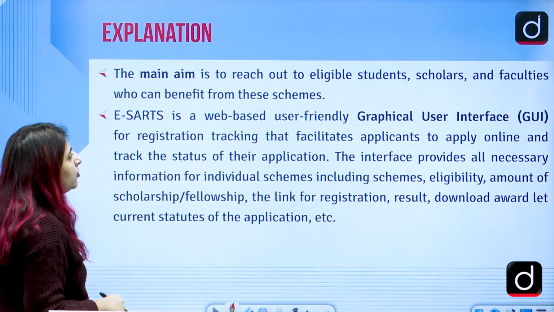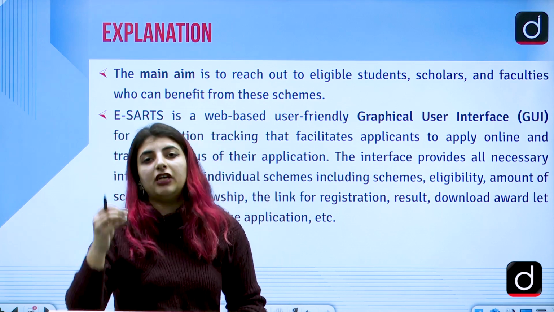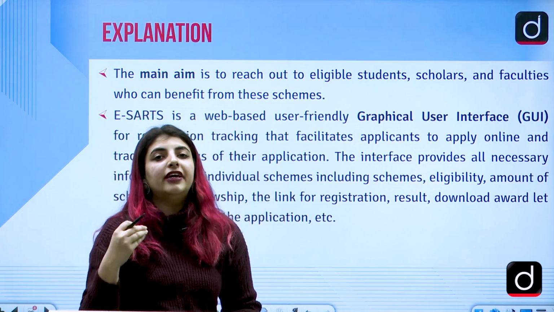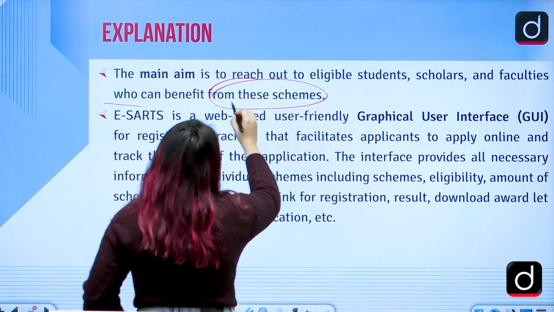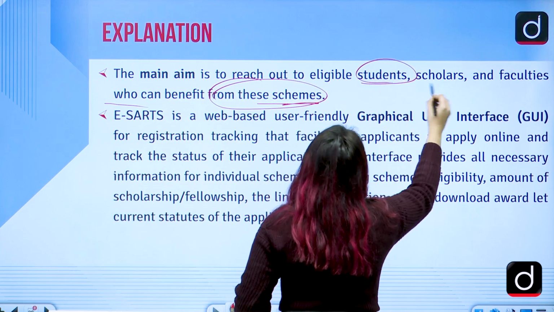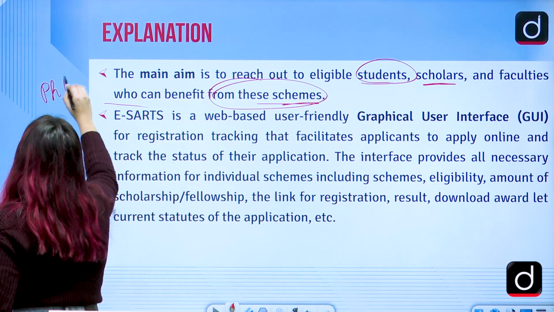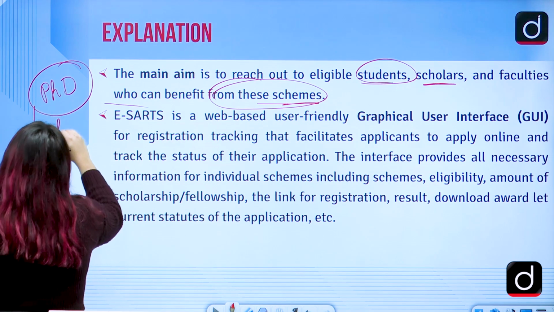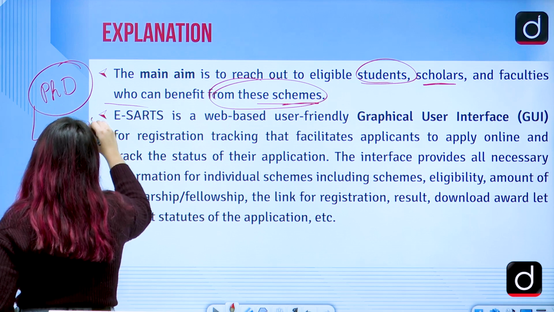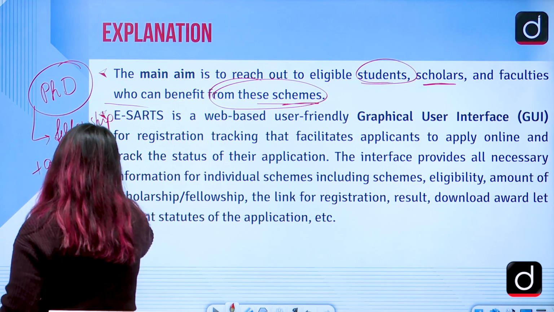The main aim is to reach out to eligible students who genuinely need a scholarship or a fellowship. It benefits not only students but also scholars and faculties who want to pursue their PhDs, or who have pursued their PhD but still want a fellowship and gain some more experience.